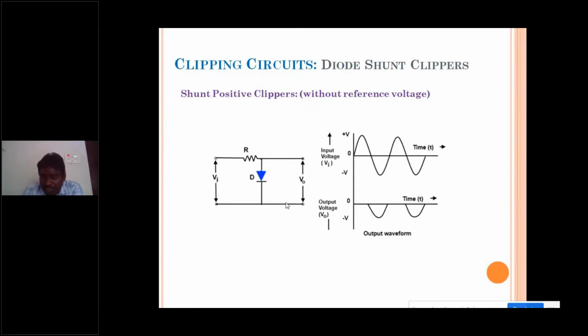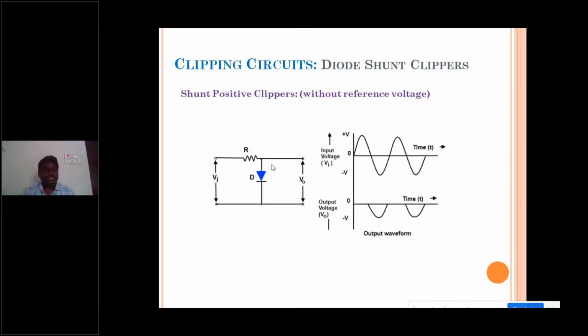In the previous case, for the series clippers, when the diode is forward biased, the wave gets transmitted. But here, when the diode is forward biased, the output voltage across it will become 0. That means no wave is transmitted. The wave gets transmitted when the diode is reverse biased in this case. Remember this point. For the series clippers, when the diode is forward biased, the input is transmitted.